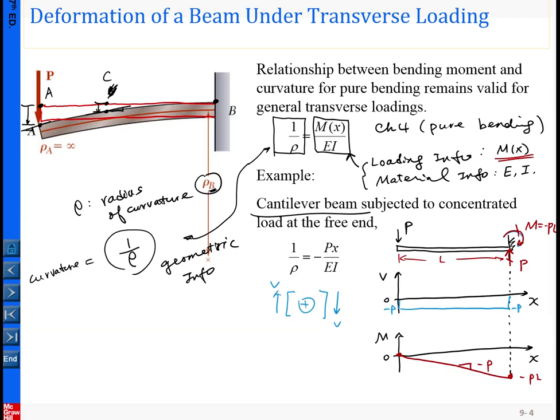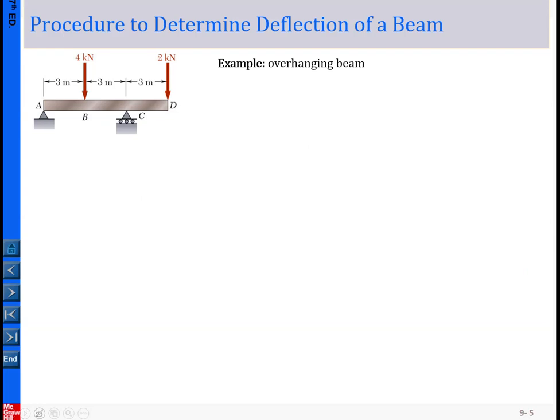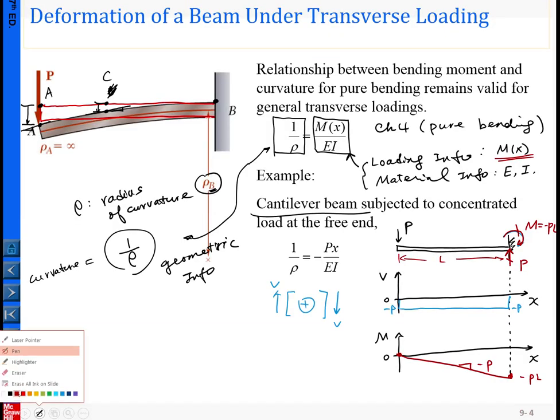So for example, if we want to look at any location, let me assign my coordinate system.